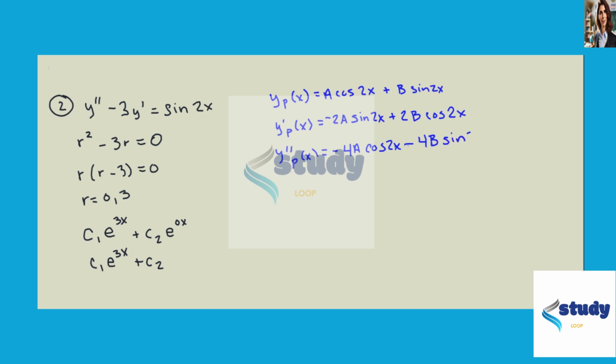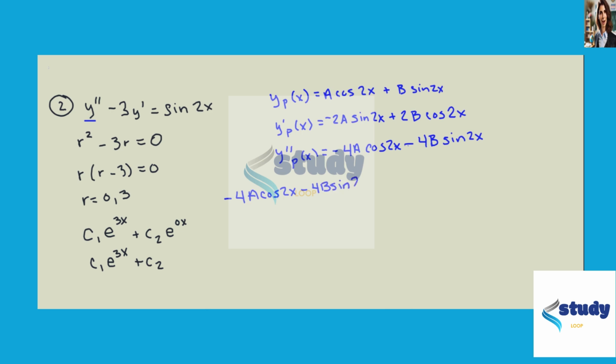So every time I see a double prime, I'm going to put this equation. So my y double prime is going to start off with negative 4a cosine 2x minus 4b sine 2x.